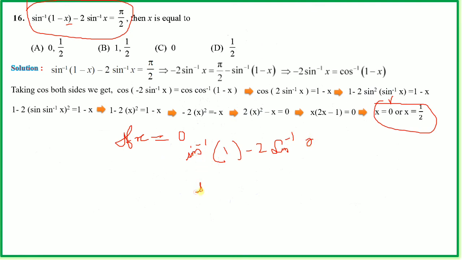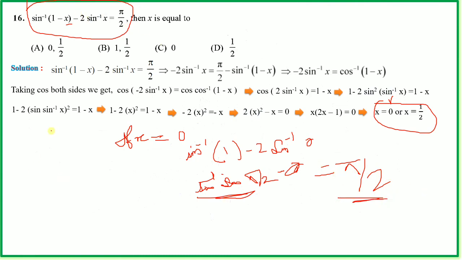Sine inverse 1 is pi by 2, minus sine inverse 0 which is 0. So the sine and sine inverse are removed, and it is equal to pi by 2. So x is equal to 0 looks true because it is our right hand side.